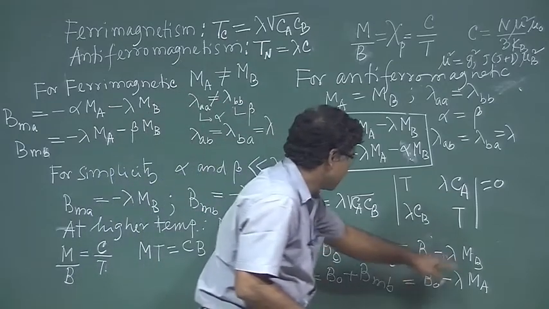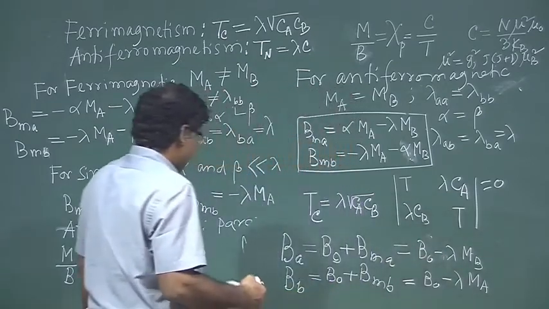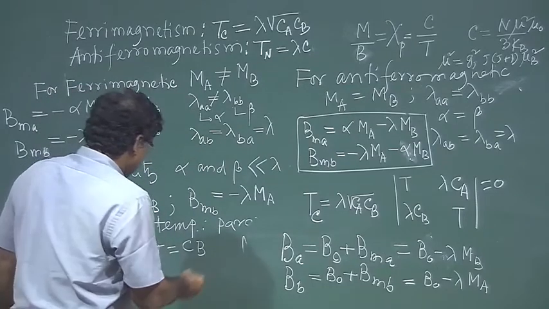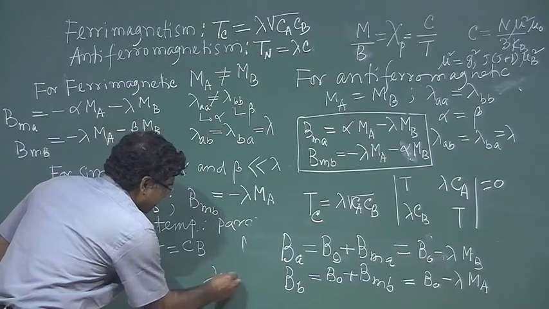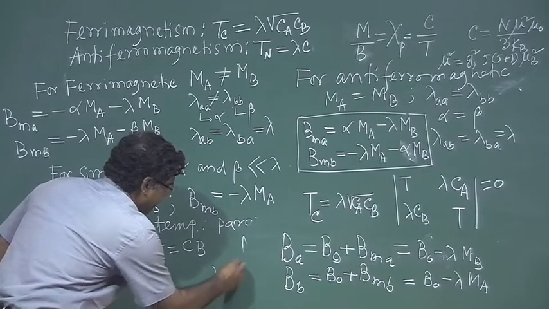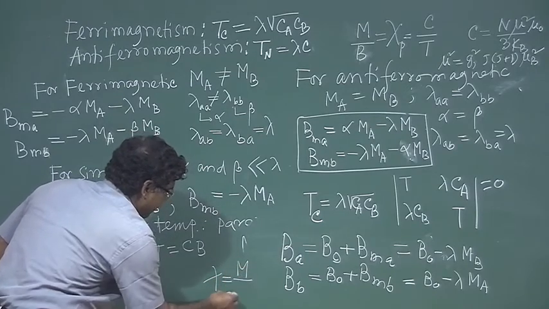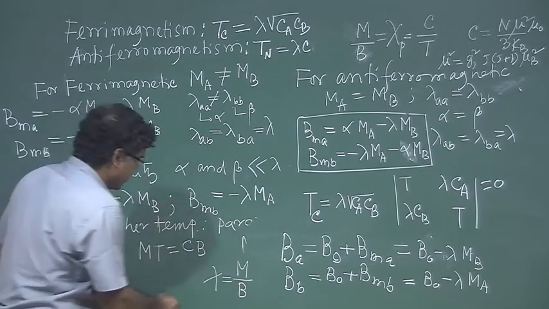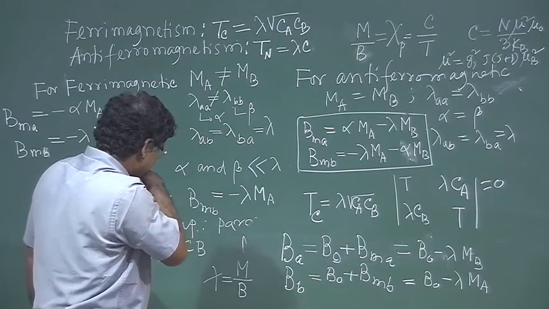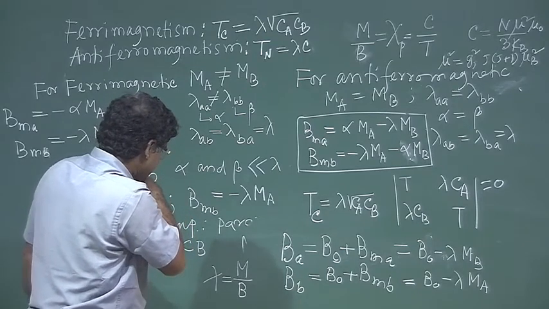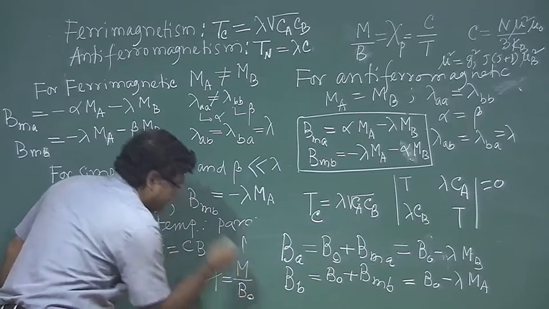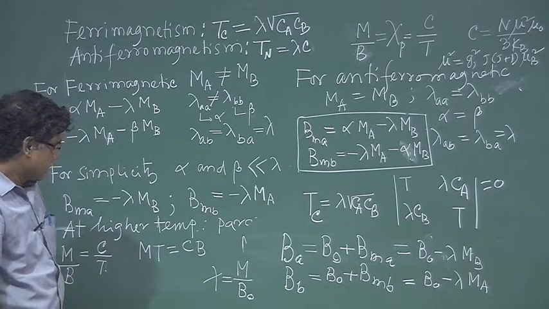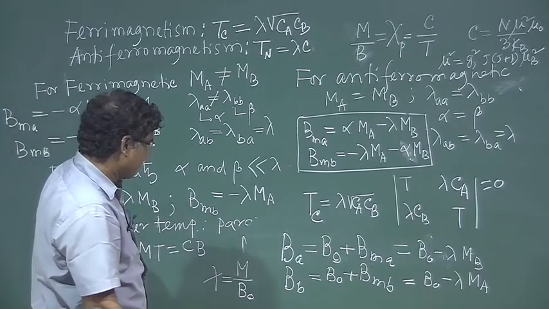Now, to get the susceptibility, that is basically chi equal to M by H, or B. Not B, it has to be B_0. So, we have to take the proper form.